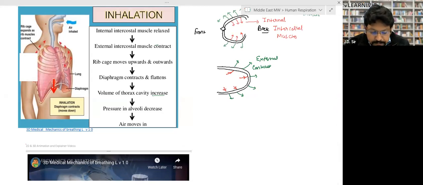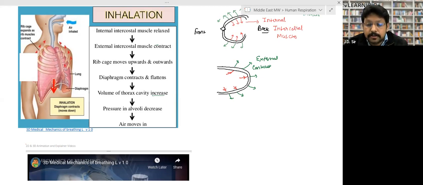First point: external intercostal muscle contract and internal get relaxed. Full stop.